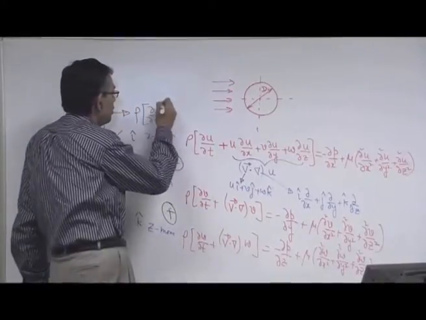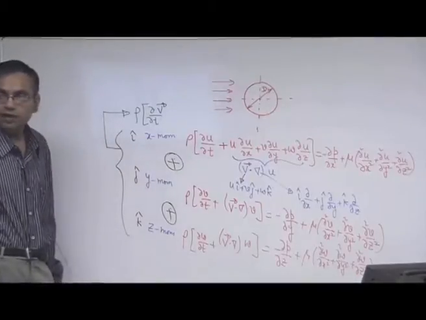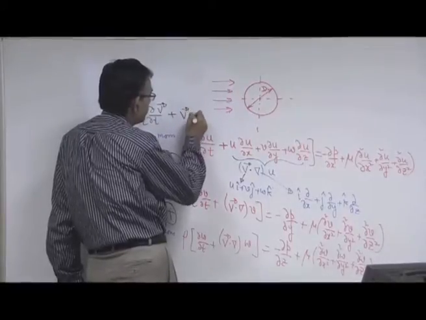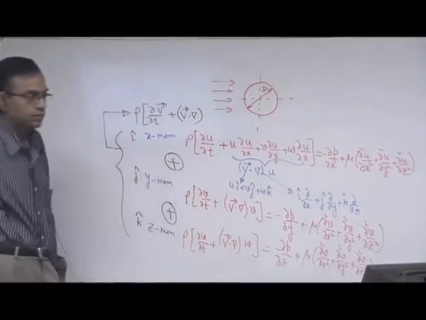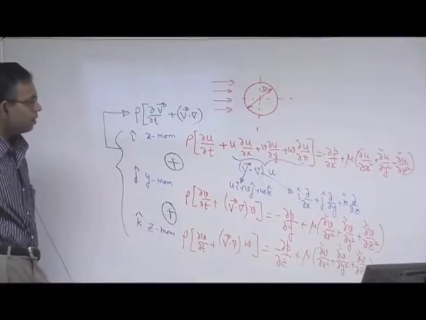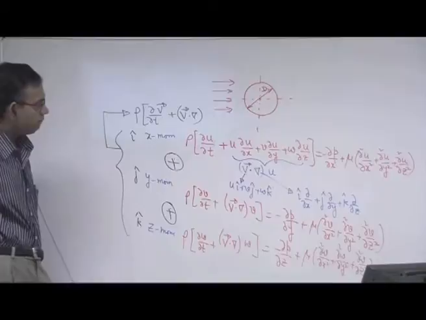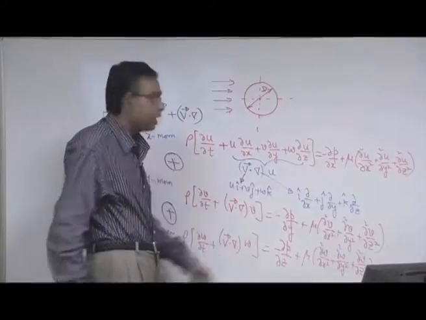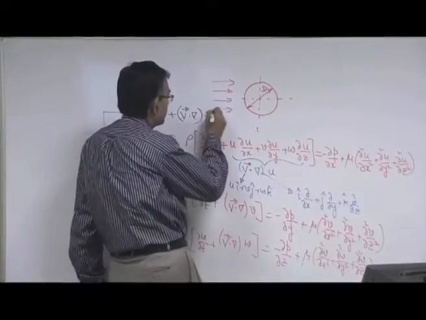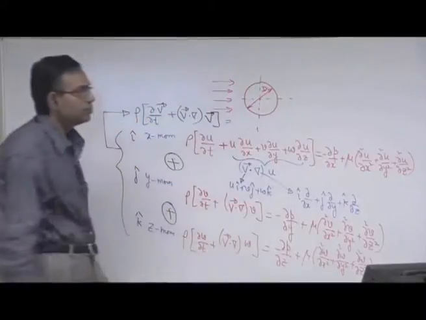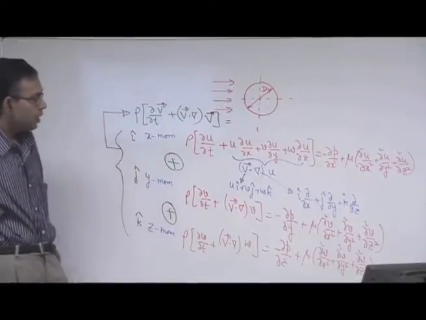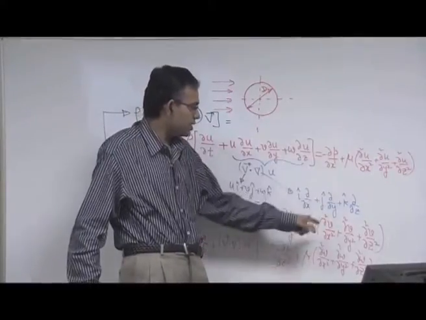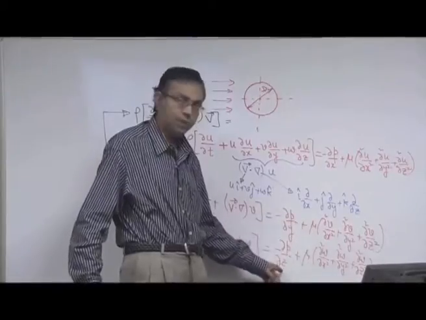So, capital V vector plus v dot del u I cap plus v j cap plus w k cap. So, that is V is equal to minus I del p del x, j del p del y, k del p del z.